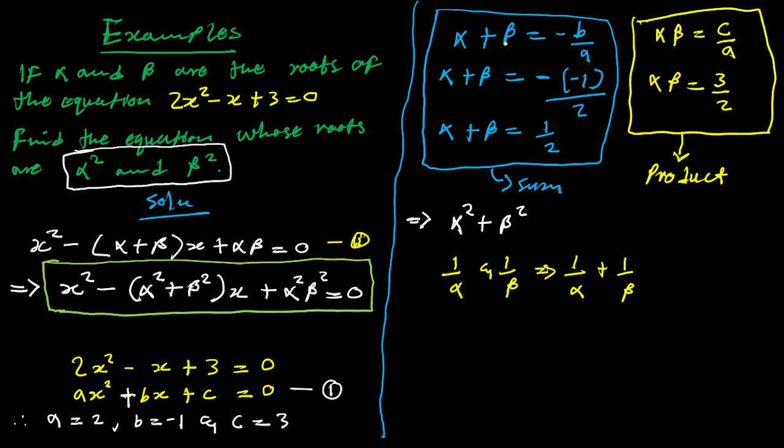I'll give this as an assignment, and then I'll solve it later in one of the tutorial videos. If this was cubed, like alpha cubed and beta cubed, you would have found a way how you can find alpha cubed plus beta cubed, if at all you had things like this.